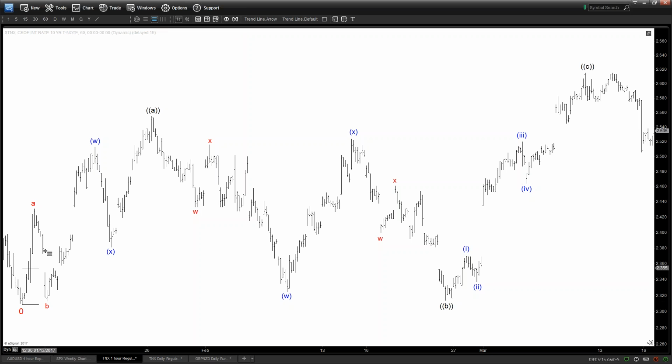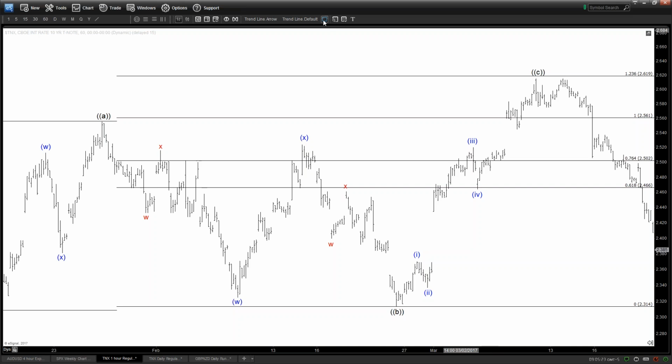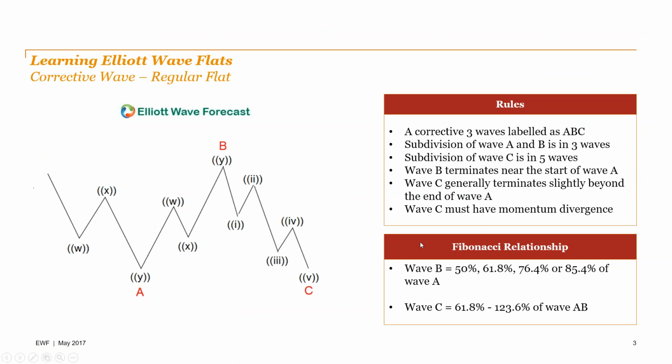This is the way you measure it: you use 3 points, from 0 to A, and then you measure it from B. It stops exactly at the 1.236 extension in this case, for the wave C. So as we said, wave C ends between 61.8% and 123.6% of the AB.